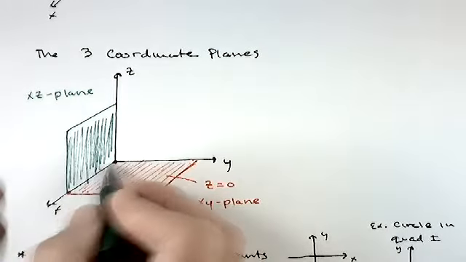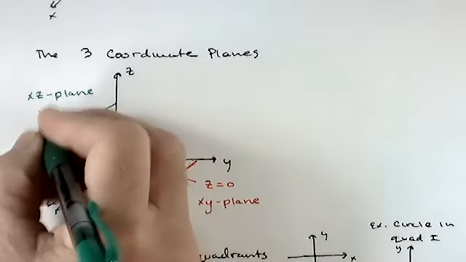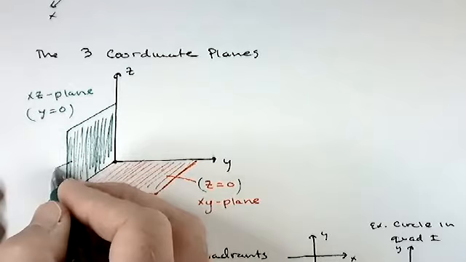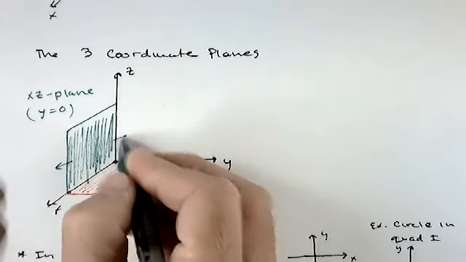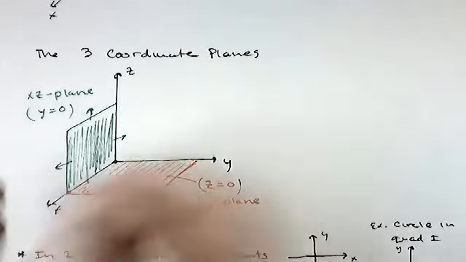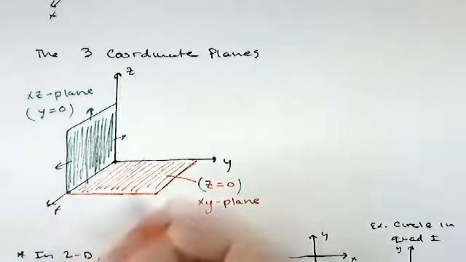Or, for any point on this plane, you don't move left or right, so I could also call that Y equals 0. I'll put parentheses, either one. And again, just to note, these planes do go in all directions indefinitely. You could put arrows, it's not just a rectangle, right? It goes on forever.